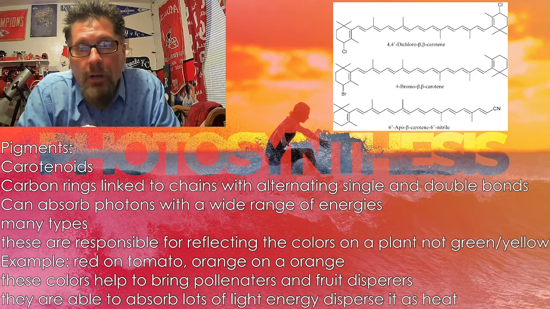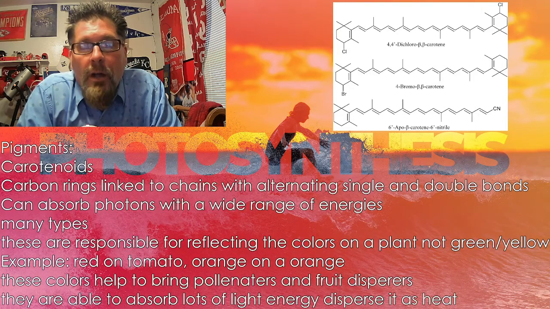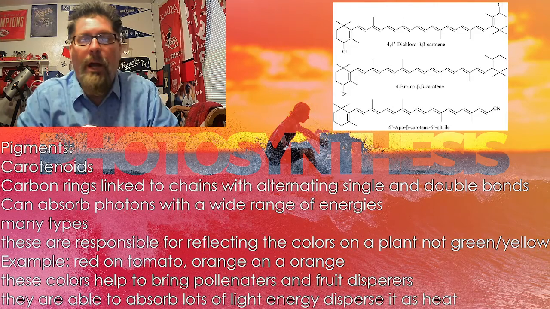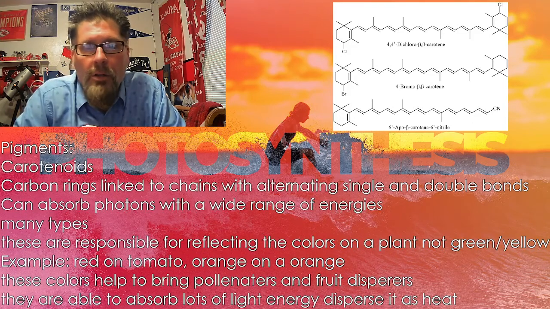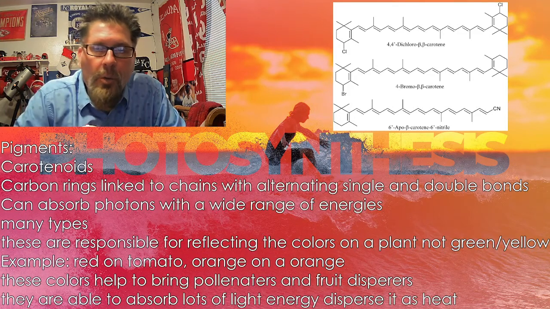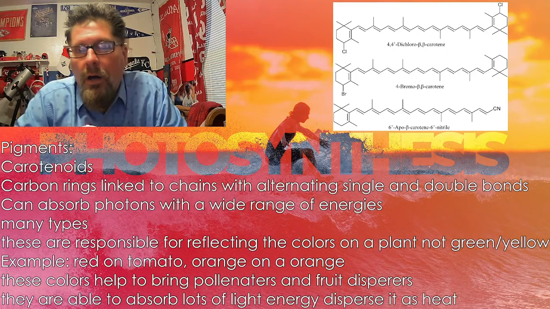But those colors are super important because that's what brings in the needed insects or animals for the plants. If you think about the colors, it is what brings in the pollinators. Of course, it's also the aroma as well.